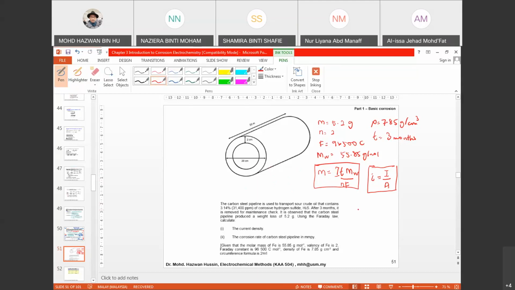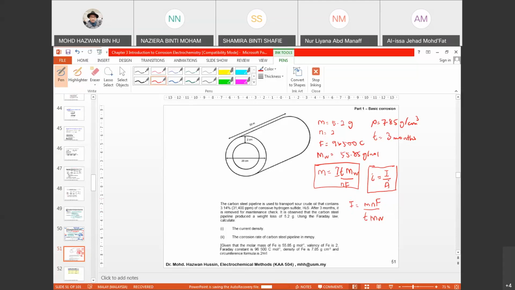Now we try to rearrange this formula. It now becomes current equals to mass multiplied with NF over time multiplied with MW. And later on, the strategy is after you get current, you will calculate current density using this formula.